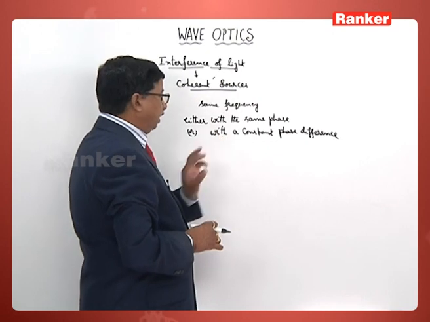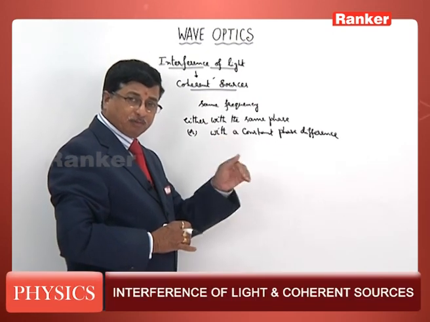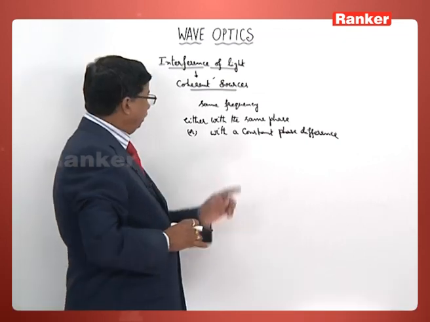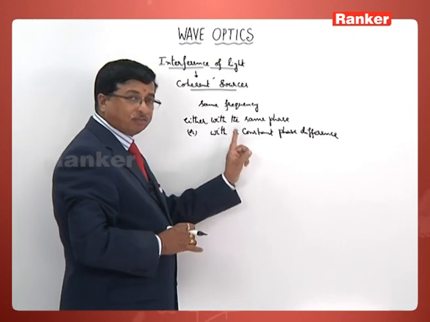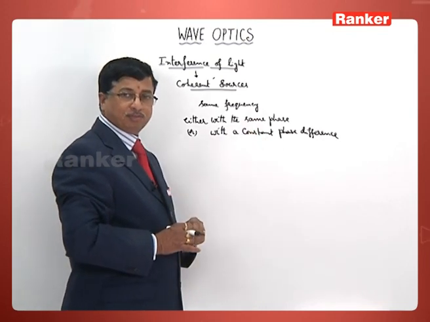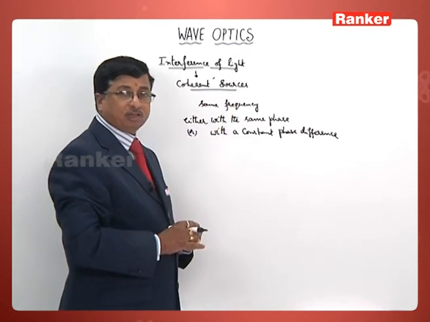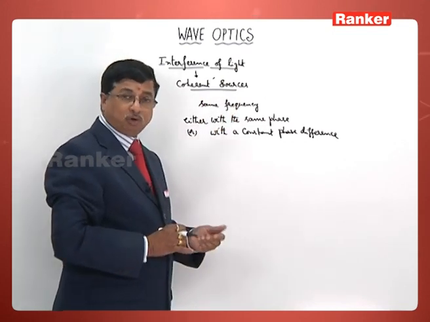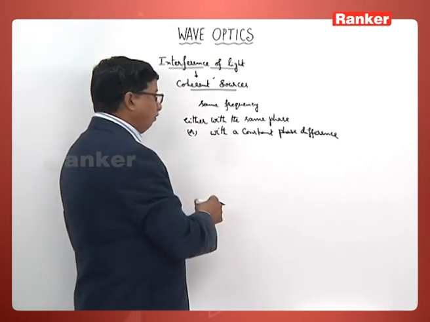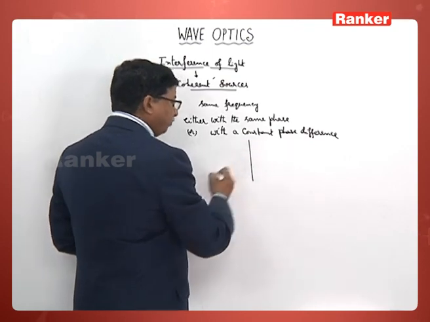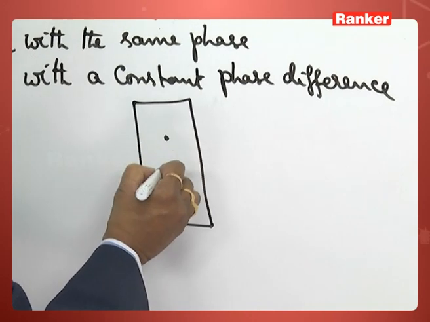The sources of light which can give out light of the same wavelength, same frequency, either with the same phase or with a constant phase difference. Now, how to get this pair of sources? How to get coherent sources? For that, you can have a cardboard on which you make two identical slits.